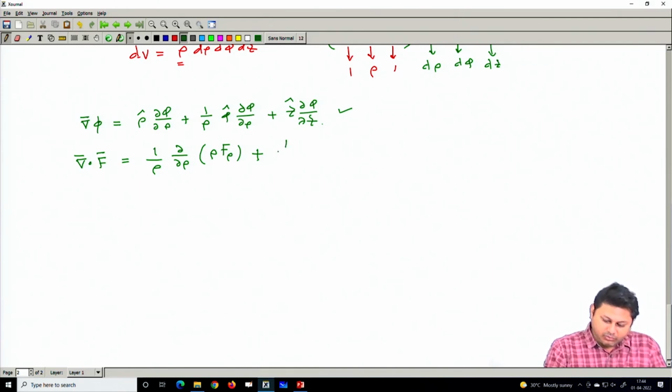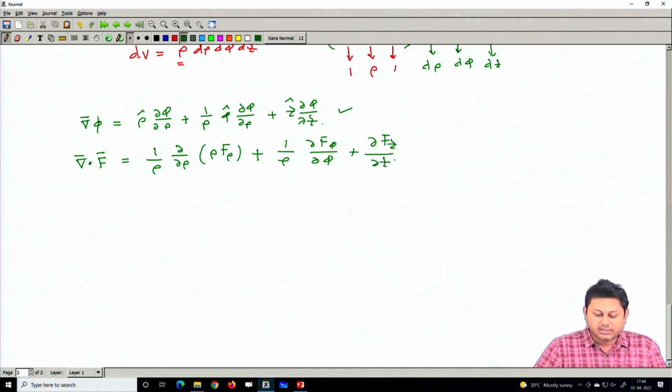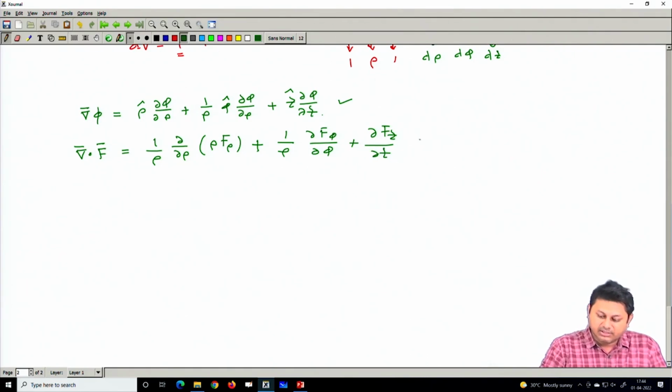Then 1 by rho and then del f phi del phi, and then I have del f z del z. So, this is the way you can define the divergence in cylindrical coordinate system.